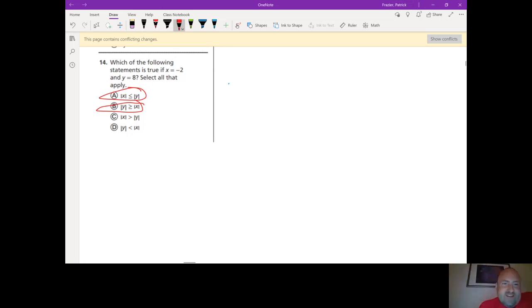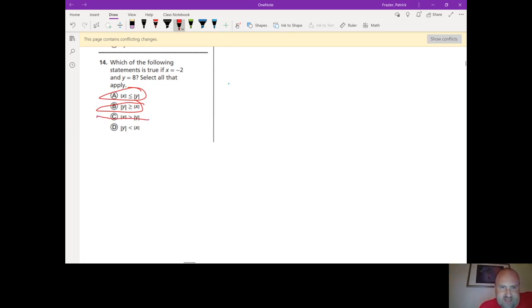And then the next one, the absolute value of negative 2, which is positive 2, is greater than the absolute value of 8, which is 8. So 2 is greater than 8. No, that is not true.